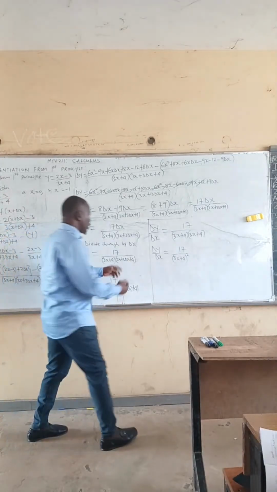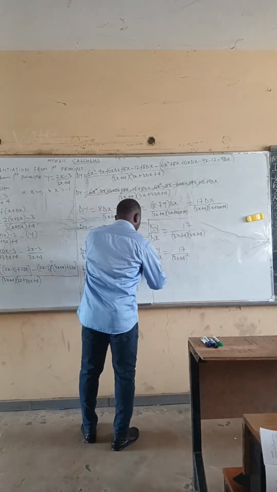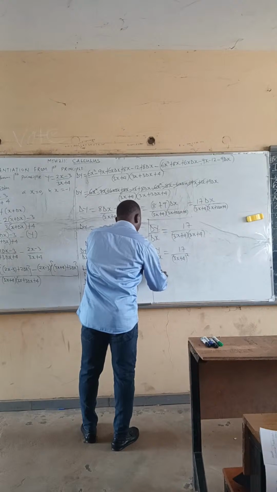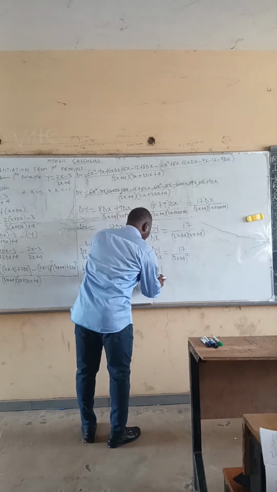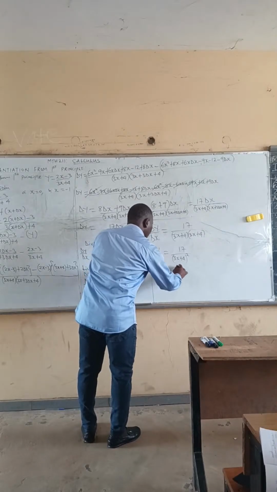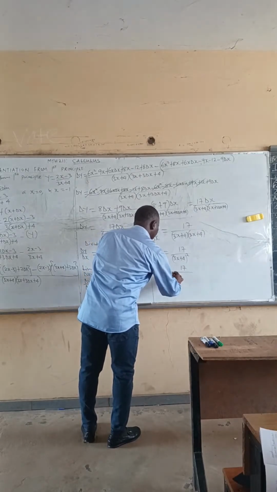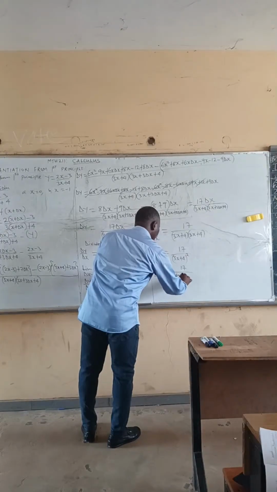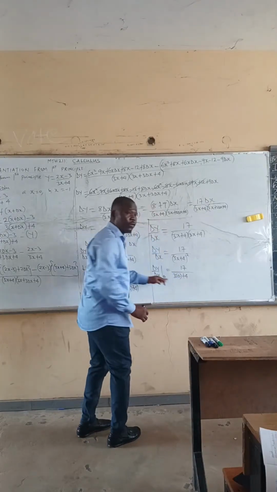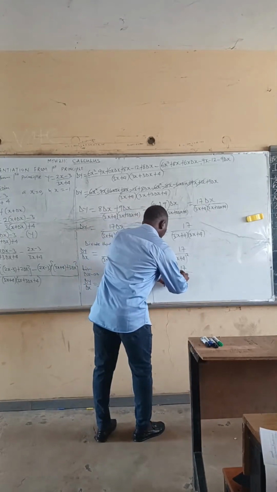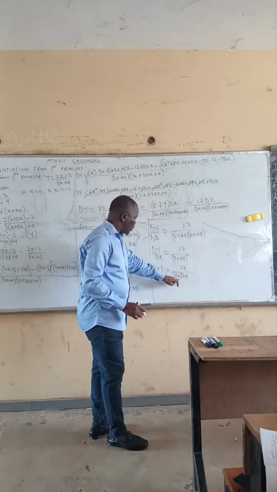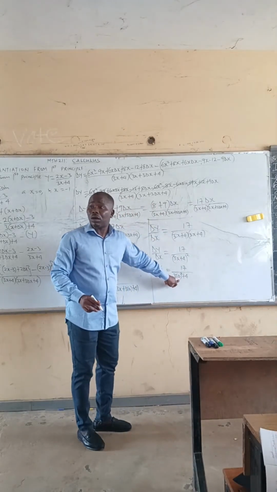No. If A is equal to 0, it means our dy over dx at 0 equals 17 over (3 times 0 plus 4) raised to power 2, isn't it? This is also 0.